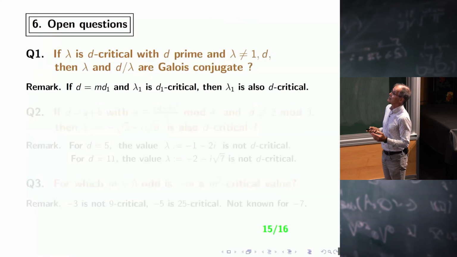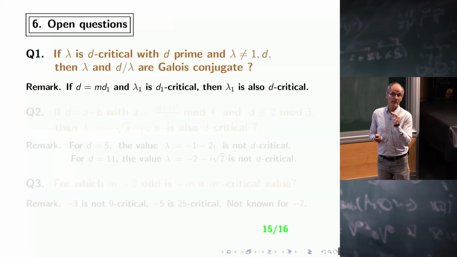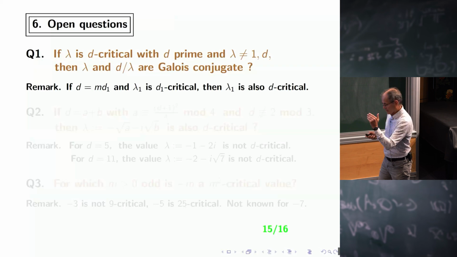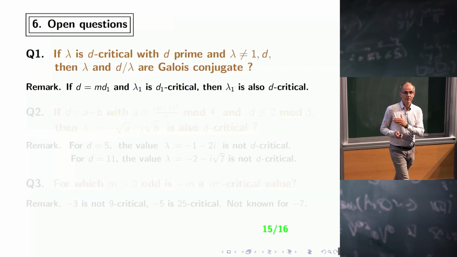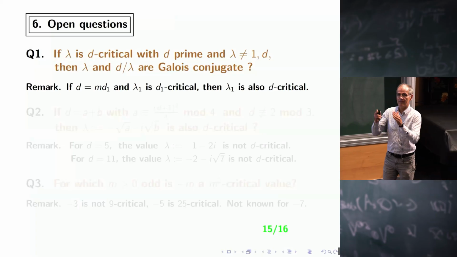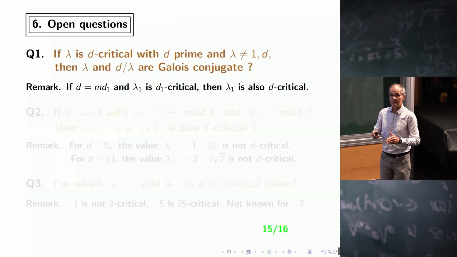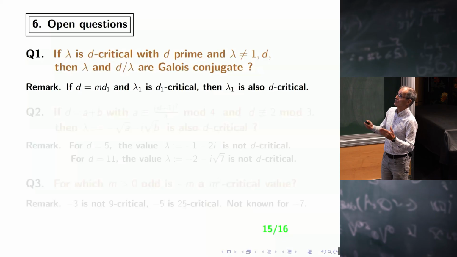I noticed that when you choose, in the computer experiment, all the values I have constructed are Weil numbers. They have absolute value square root of d, and all their Galois conjugates have absolute value square root of d. For a while, I thought it's always the case that they are Weil numbers, but I pushed my computer experiment and it's not the case.